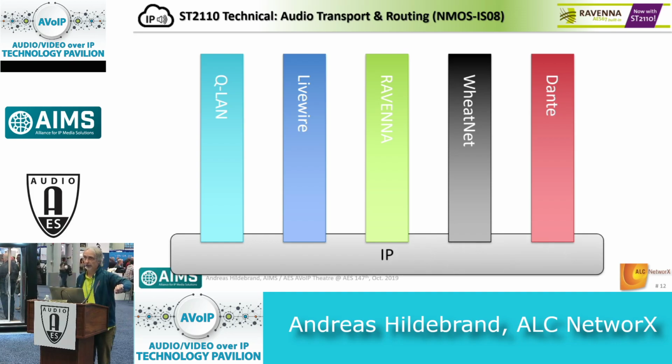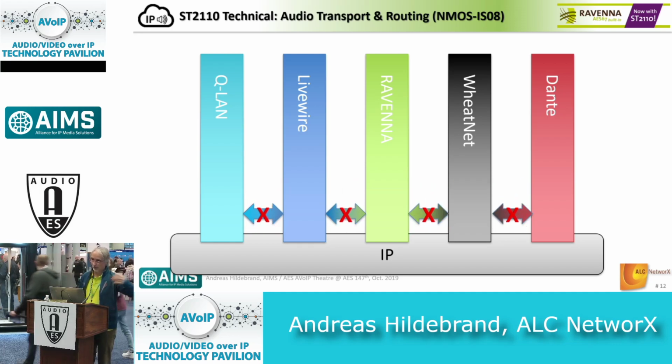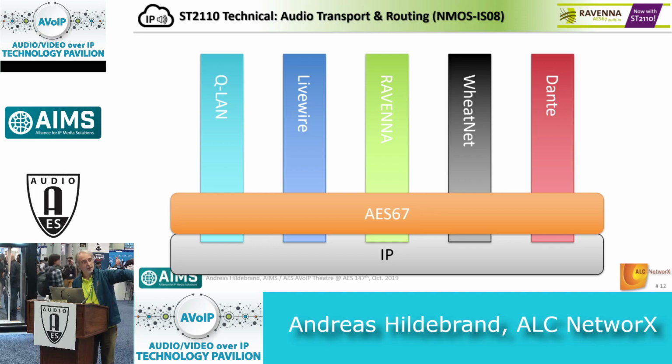We have different audio applications, they're all based on IP, but they can't talk to each other because they're all using different mechanisms or protocols or payload formats. And well, except for Livewire and Ravenna, who are able to exchange since 2012. But AES67 is a layer on top of this, which defines interoperability requirements, which, if they are adopted by all these individual solutions, enables the native IP interoperability among these different solutions.